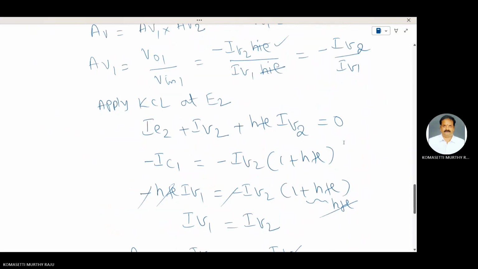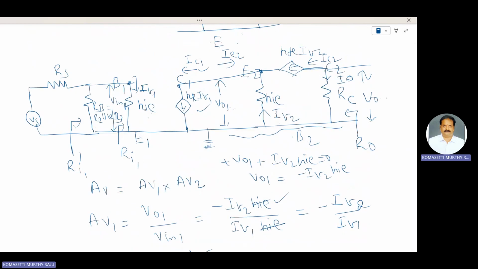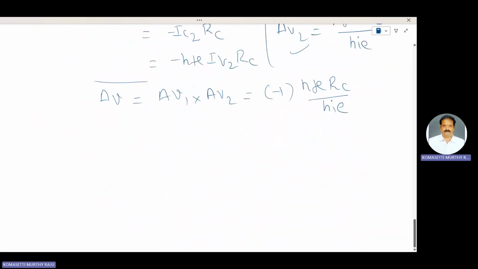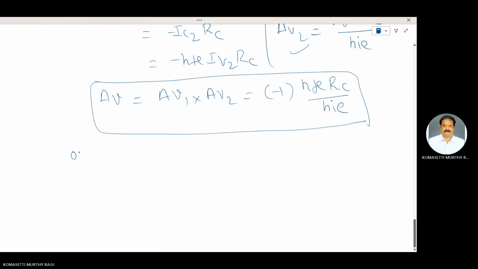Next parameter is overall input resistance, Ri1 dash.